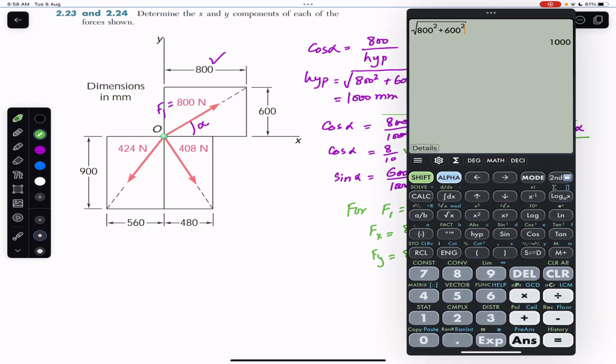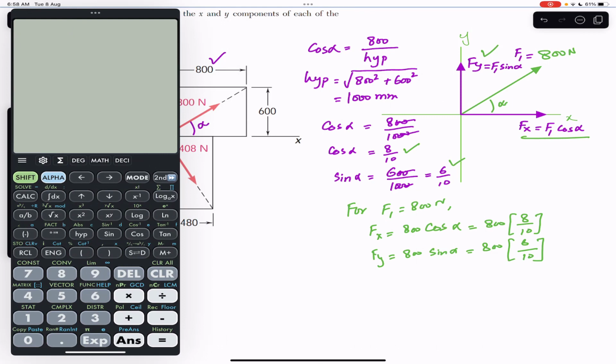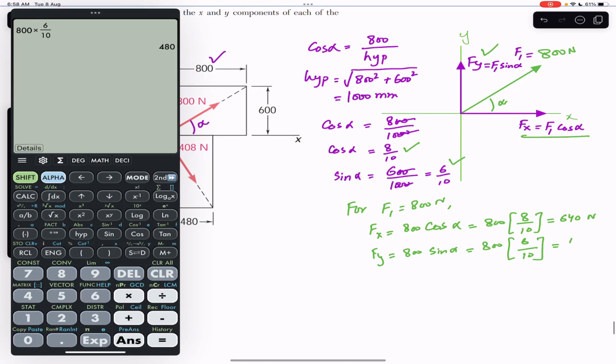So now we can find the magnitudes of the components. That will be 800 into 8 divided by 10. So this is 640 Newton, and similarly that is 800 multiplied by 6 divided by 10. So that is 480 Newton.